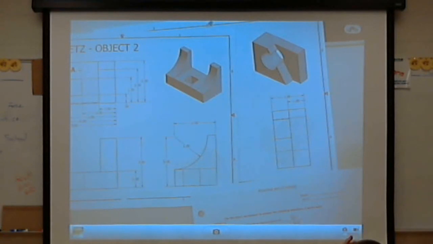Any questions? When will we actually get into the lab? I believe I put this coming Tuesday. Tomorrow we're going to go through videos, do's versus don'ts on the radial arm saw.